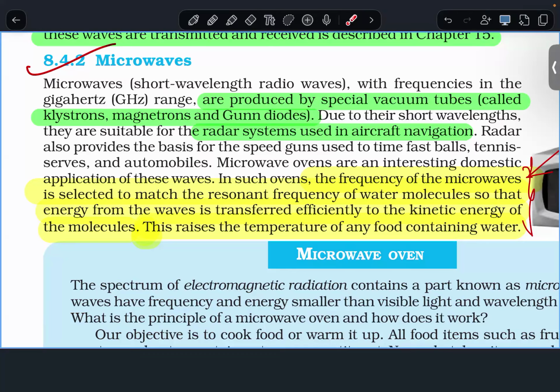Right now you see the speed of the ball given as soon as the delivery is done, 140, 136. How are they telling? Using this system, radar, in tennis and automobiles. Microwave ovens are interesting domestic applications of these waves.